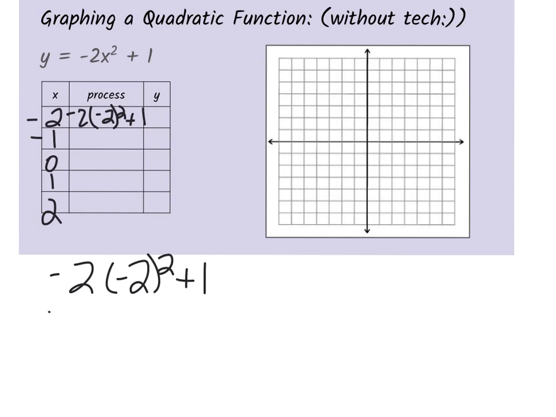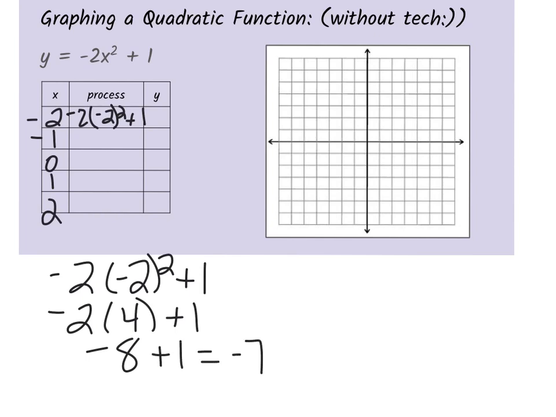But if not, negative 2 squared, squaring first according to PEMDAS, is 4 plus 1. Negative 2 times 4 is negative 8 plus 1, and negative 8 plus 1 is negative 7.